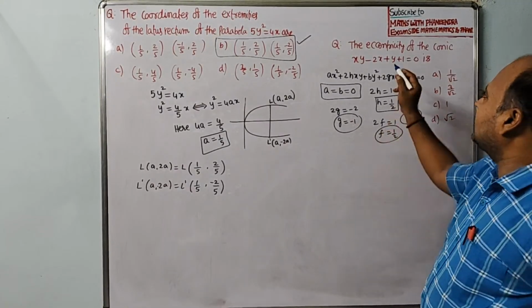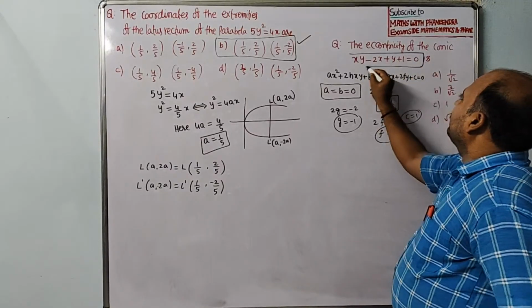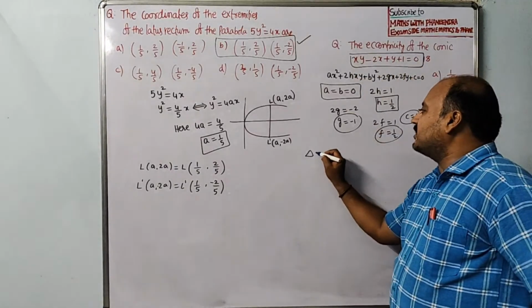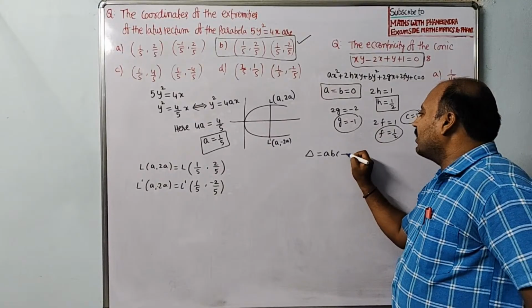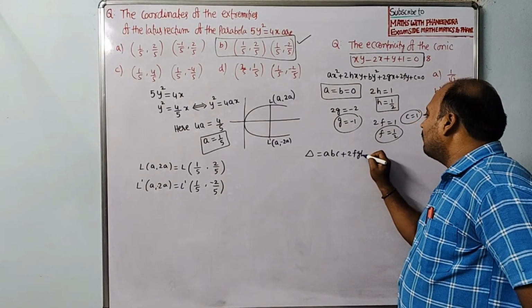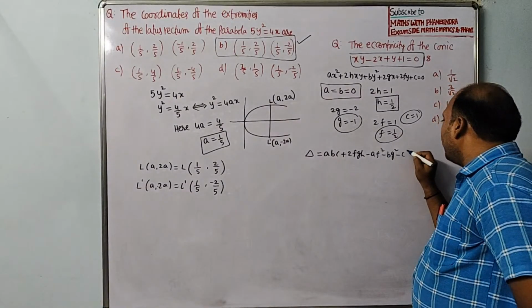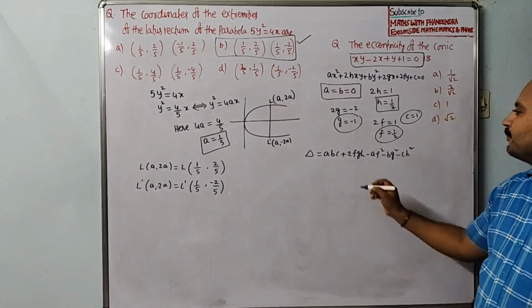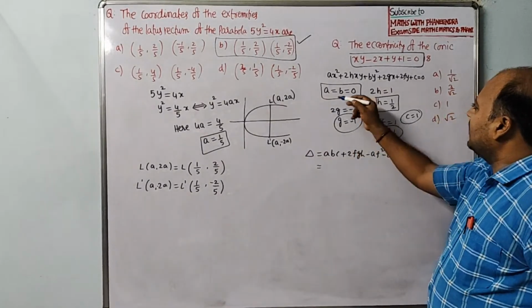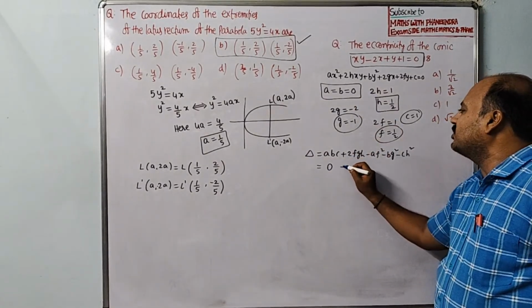To recognize the given conic, first we need to verify the delta value: abc plus 2fgh minus af square minus bg square minus ch square. Since a and b are 0, abc is 0.